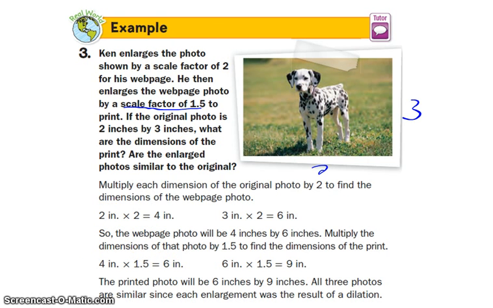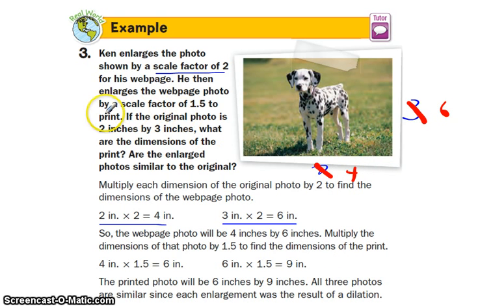Oh, sorry. Let's go back. Your first scale factor is actually 2. Sorry, my bad. Scale factor of 2. So you need to take 2 times 2 and you need to take 3 times 2. So now your new photo is not 2 and 3. It's going to be 4 and 6, 4 by 6.